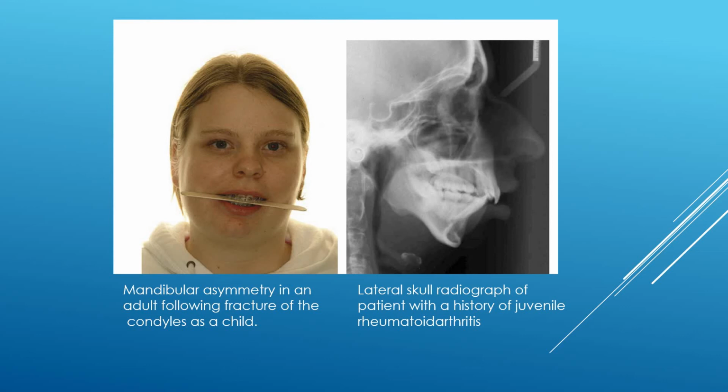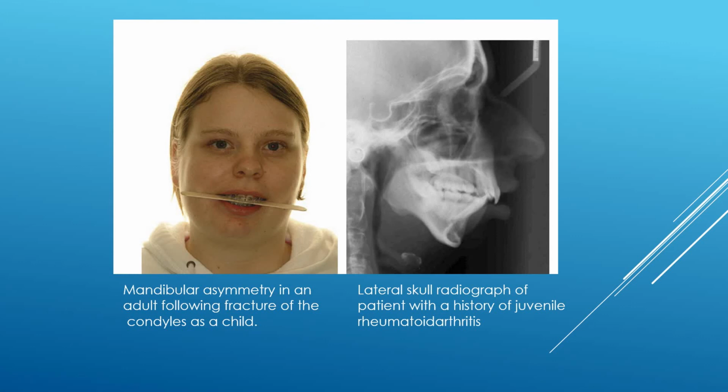A long-term sequela of early trauma to the mandibular condyle can be asymmetry with an ipsilateral decrease in ramus height and deviation of the chin point to the affected side.